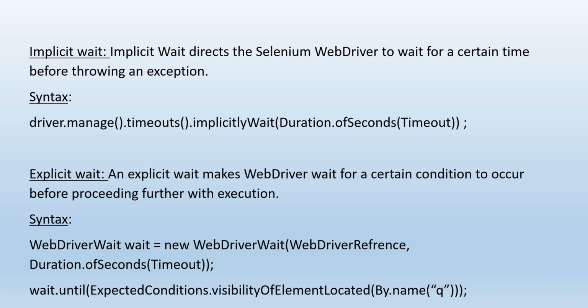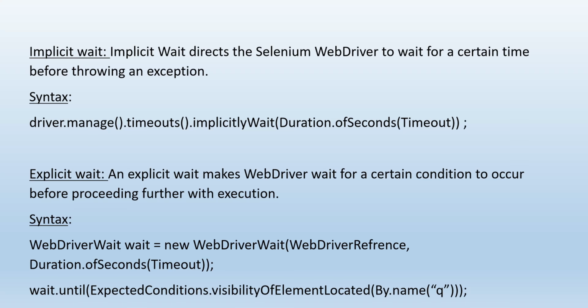The syntax of the explicit wait is WebDriverWait wait = new WebDriverWait, where we give the WebDriver reference and the time, how much time we need to wait. Then we write wait.until(ExpectedConditions.visibilityOfElementLocated(By.name...)), or else we can use multiple conditions.